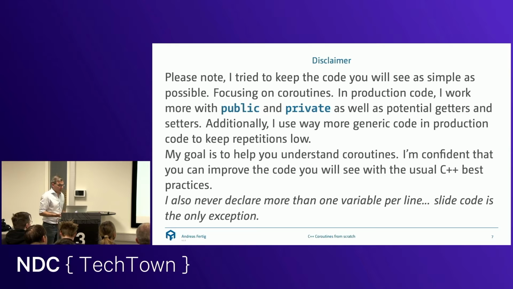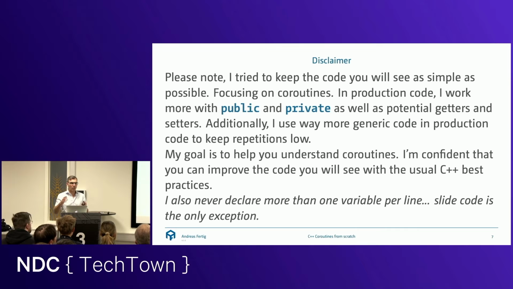In production code, I hope you believe me that I work with way more public and private as well as potential getters and setters. But due to screen space and other constraints here, I chose to not go this route. Additionally, I would use way more generic code in production to keep repetitions low, especially with coroutines. I'm not doing this today. I totally ripped out all the generic parts because I want us to focus solely on coroutines, okay?